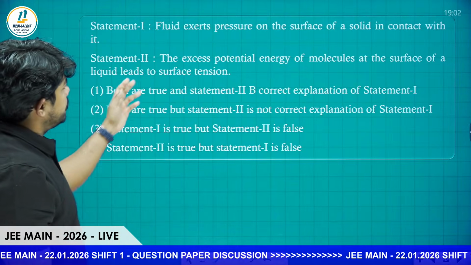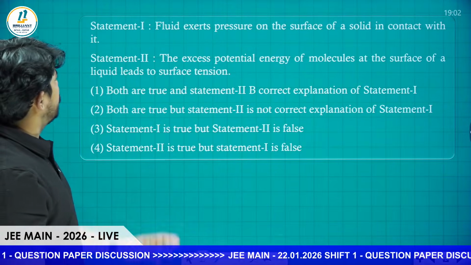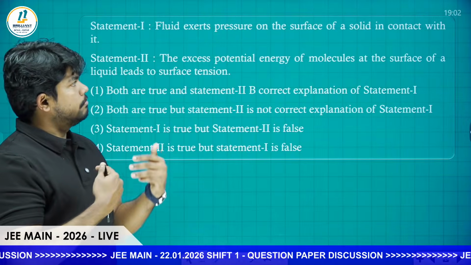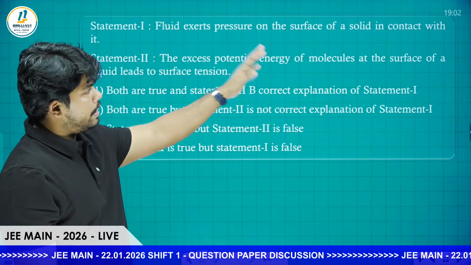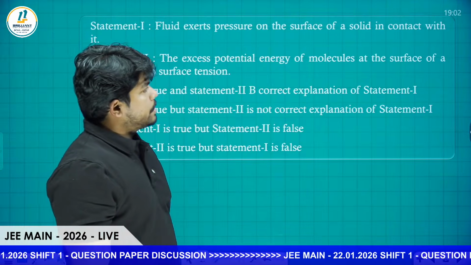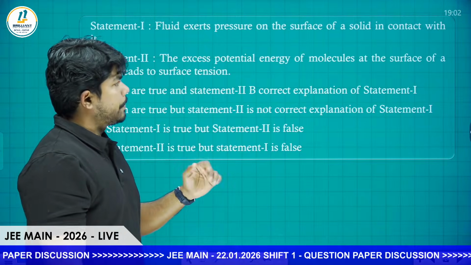Now, a statement question: fluid exerts pressure on the surface of a solid in contact with it. Obviously, a fluid exerts a pressure on a solid which is in contact with the liquid. The second statement: the excess potential energy of the molecules at the surface of a liquid leads to surface tension.